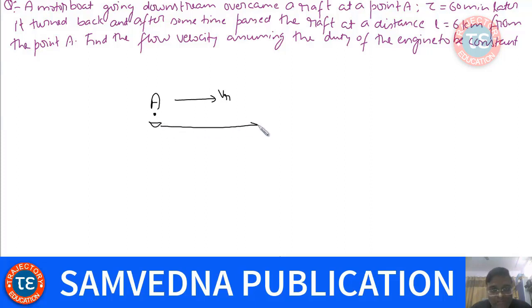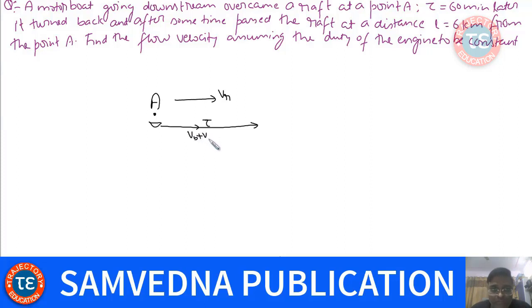It goes on like this for the time period of tau. So tau is 1 hour. All right. So during tau time, what would be the velocity of the boat? Suppose velocity of boat is VB. So the boat will certainly inherit the velocity of the river also.